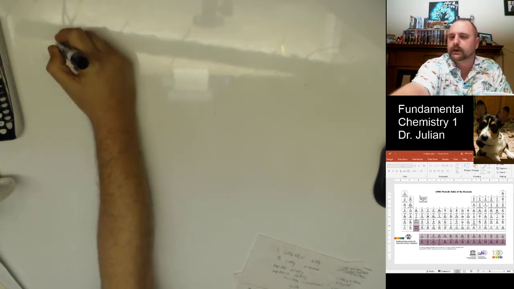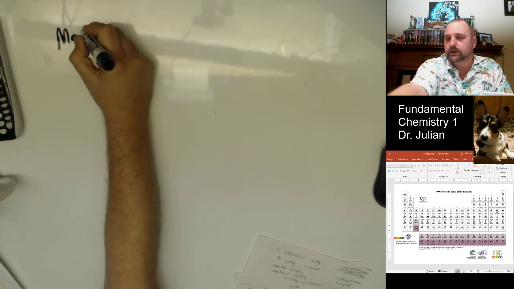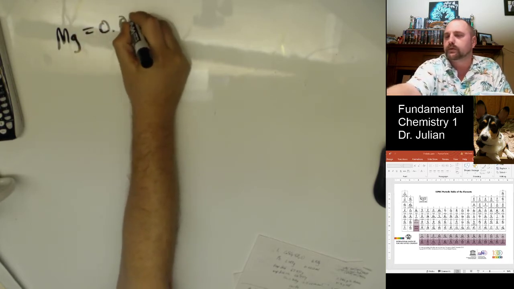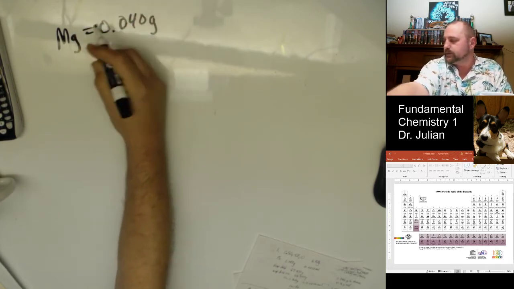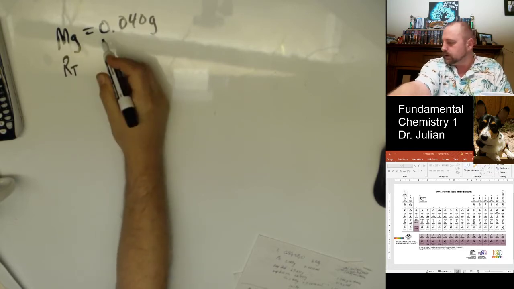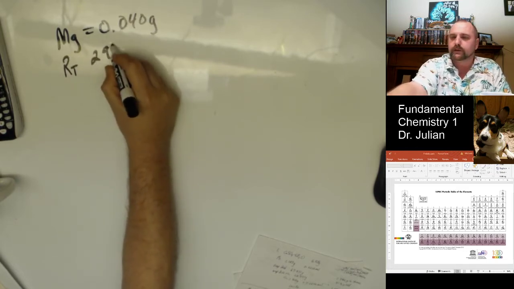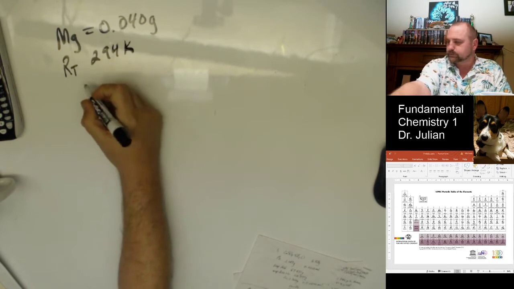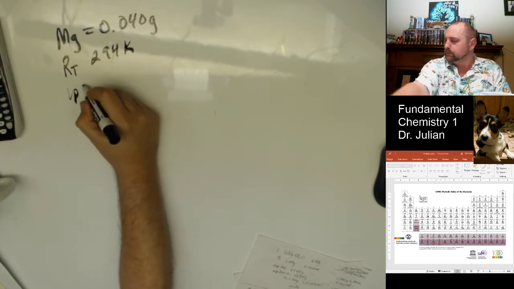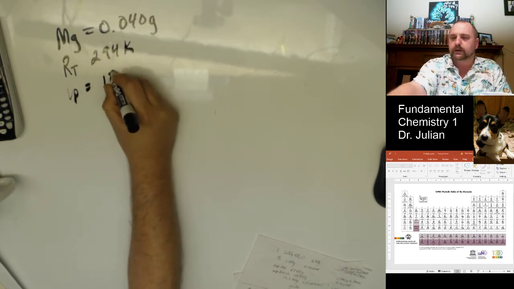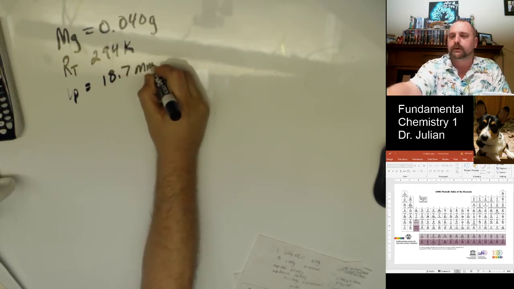Here's our data set. The mass of magnesium was 0.040 grams. Room temperature was 294 Kelvin. The vapor pressure of water that we were at was 18.7 millimeters mercury.